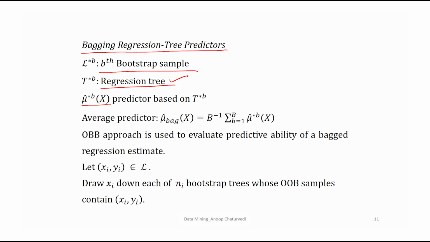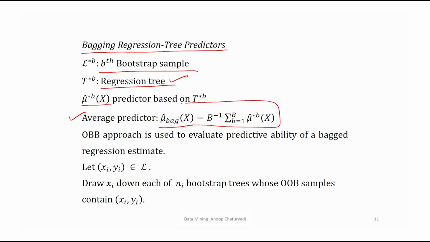Then the average predictor based on all the bootstrap samples is mu hat bag x equal to 1 upon B summation small b equal to 1 to capital B mu hat star b x.